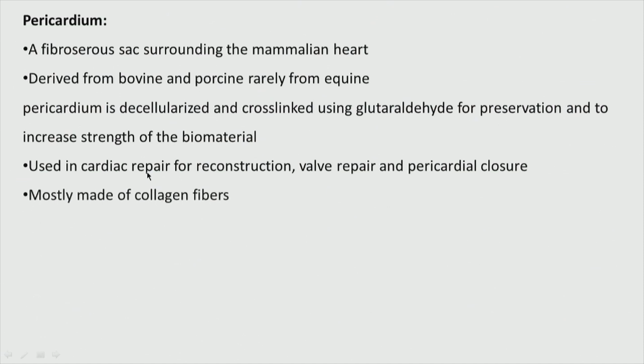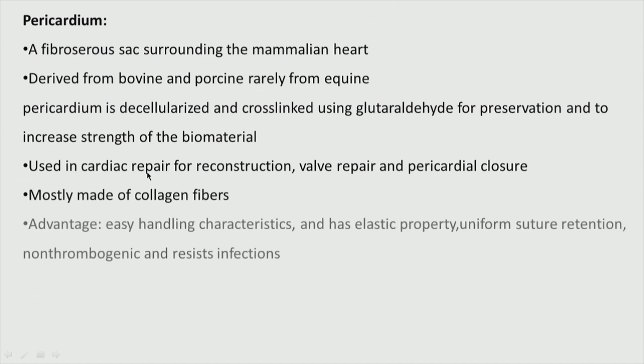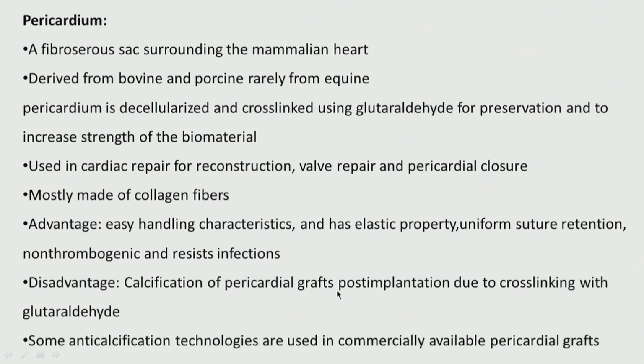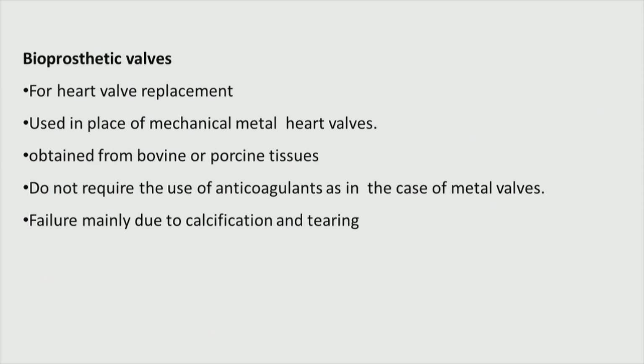This is mostly made up of collagen fibers. So easy handling characteristics, it's elastic, uniform suture retention, non-thrombogenic, resists infection. Big problem is calcification of pericardial grafts after implantation due to cross-linking with glutaraldehyde. Some anti-calcification techniques are also there, commercially available.